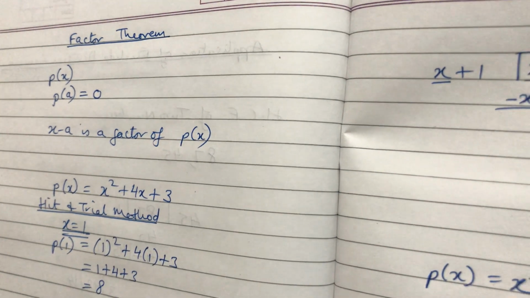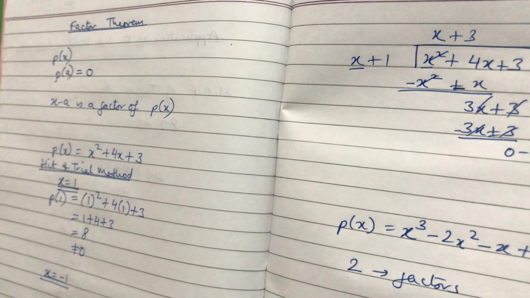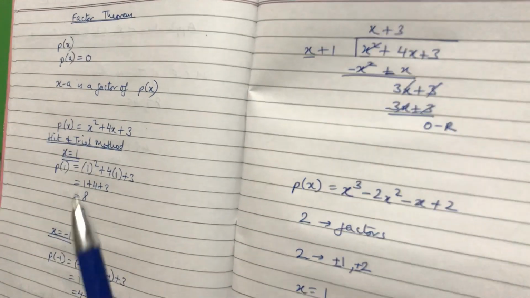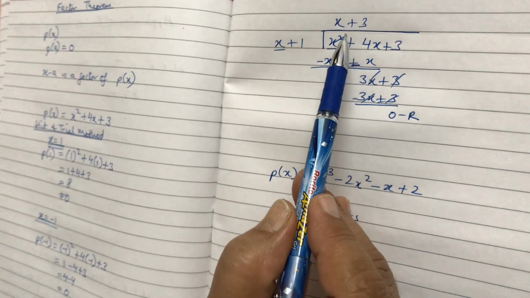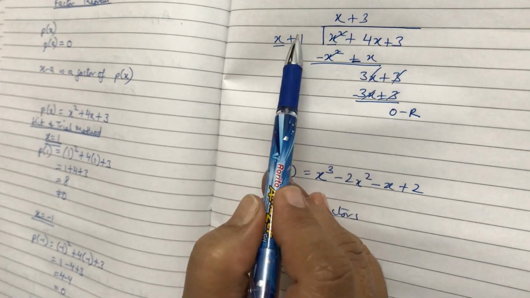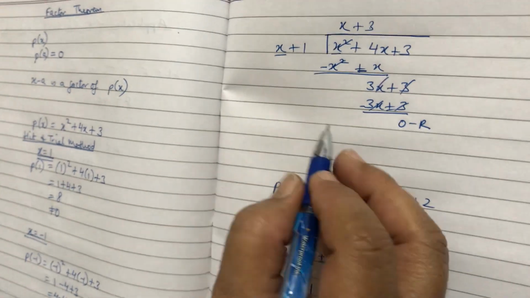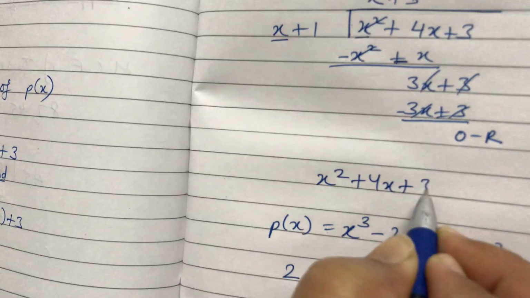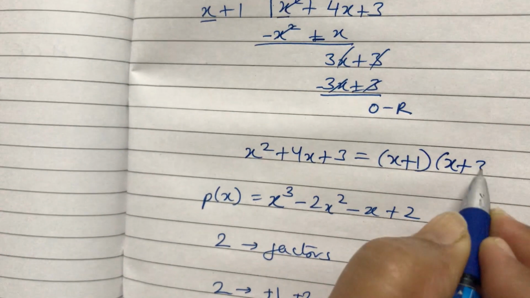The application of the factor theorem is that you may be asked to find the factors of a polynomial using the factor theorem. So here, when we used the factor theorem and divided this polynomial by this, we were getting an x plus 3. So we could write x square plus 4x plus 3 as x plus 1 into x plus 3.